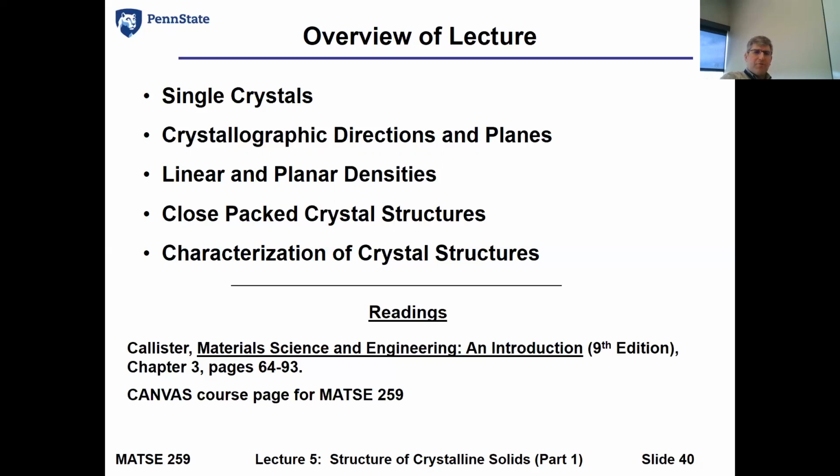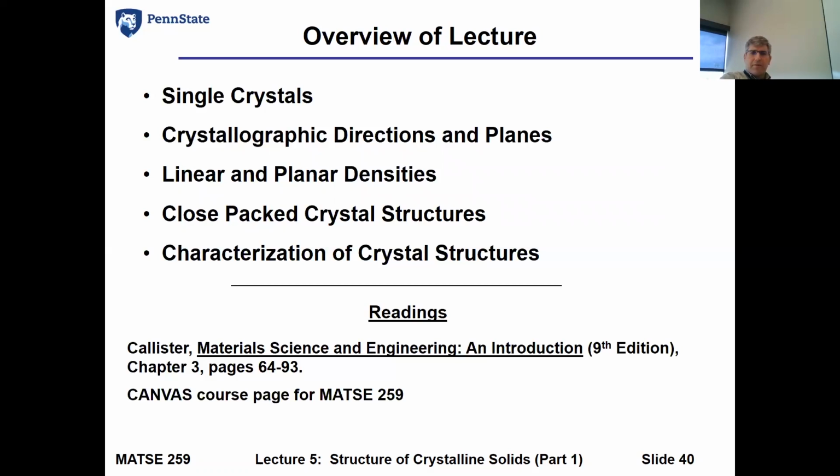As we move forward, when we get into our next little subchapter, we start talking about crystalline defects. What we're going to see is that an understanding of these is going to be extremely important. We'll briefly touch on linear and planar densities. That's, for the most part, within a given crystal structure, how many atoms are present on one of these directions or planes. And then we'll move into what close packed crystal structures are.